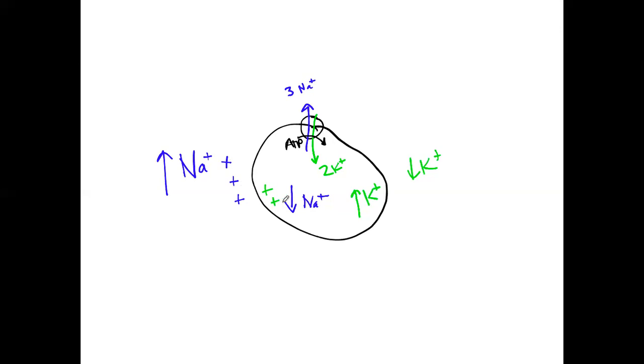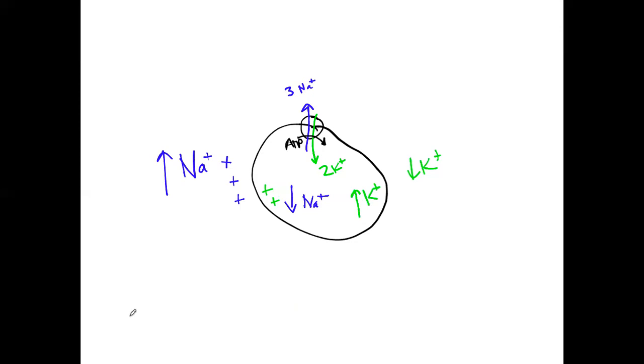Let me ask you a question. Which side has more positive, the outside or inside? Good, the outside of the cell membrane. Which side has less positives? The inside of the membrane. Okay, which side has more positives? The outside of the membrane. Which side is relatively negative? Because it has less positives. Good.